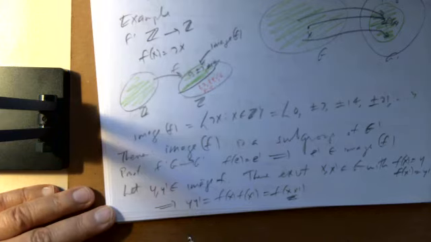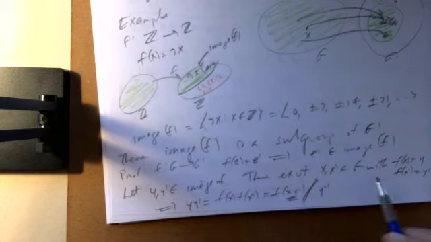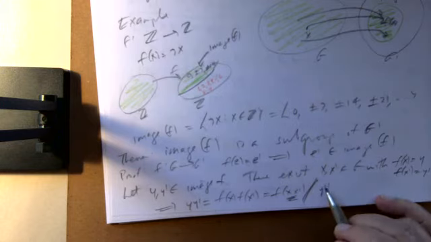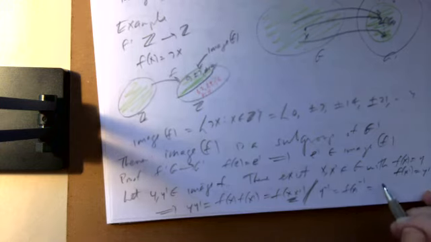So the image of f is closed under multiplication. And also, if y is in the image of f, and y is equal to f of x, then y inverse is f of x inverse, but we saw that f of x inverse is f of the inverse of x.